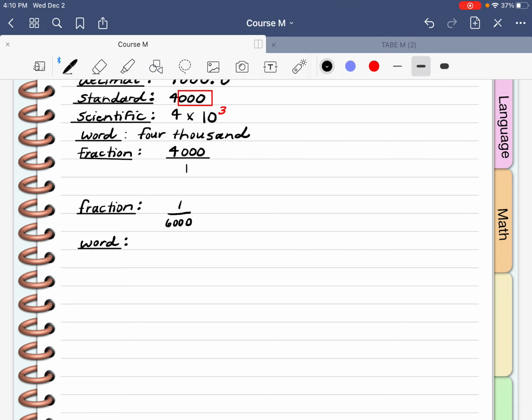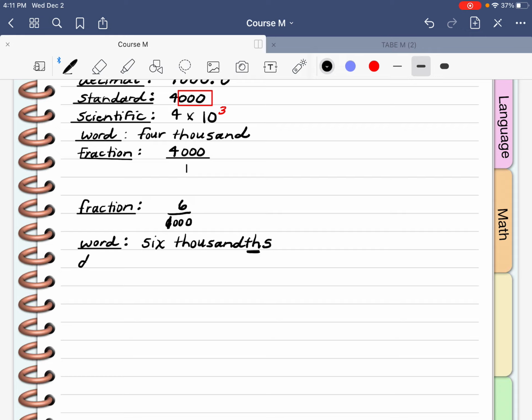I'm sorry, guys. Let's make this a 6 over 1,000. I got ahead of myself there. 6 over 1,000 is what I meant to say. So I would read this as 6 thousandths. 6 thousandths, because the fraction has 1,000 on the bottom, and that's where that TH is coming in.